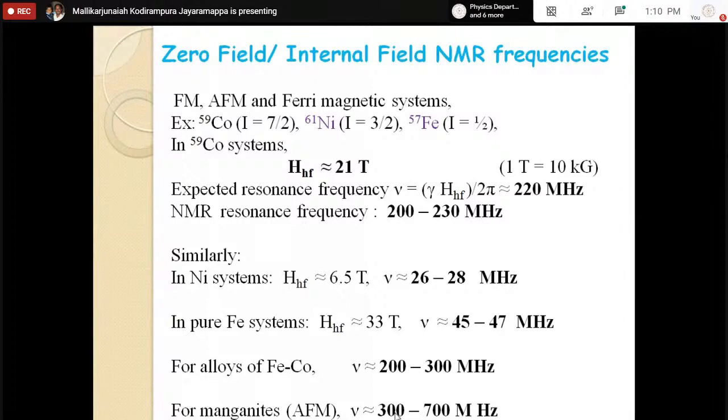The bottom line is that whenever we design a zero-field NMR spectrometer, we need to make sure our apparatus can work from 20 megahertz to at least 400 or 500 megahertz. Therefore, a reasonable commitment is required to make our electronics strong enough to study all these systems.